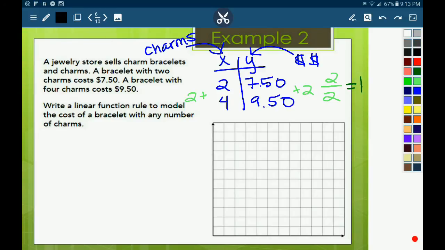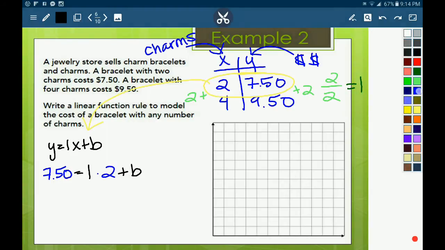So far I have y is equal to 1x plus b. Again, take either of the 2 points. I'm just going to take the first one I see and plug it in for x and y. So I've got my y is $7.50. My x is 2.